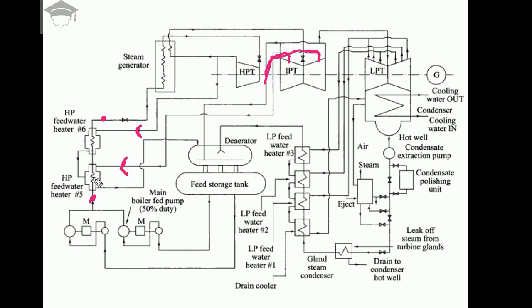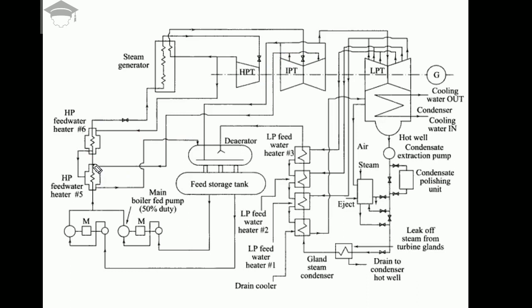This heat gets imparted to the high pressure and higher temperature liquid water from this point to this point, and after giving the heat, this steam returns back to the deaerator. So this is for high pressure feed water heater 5.